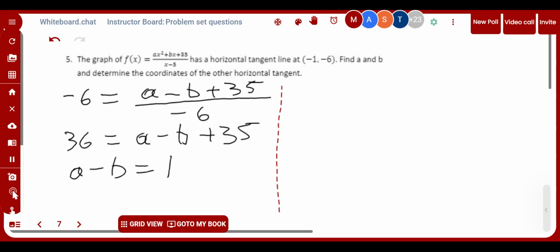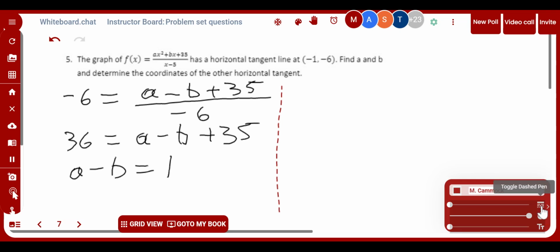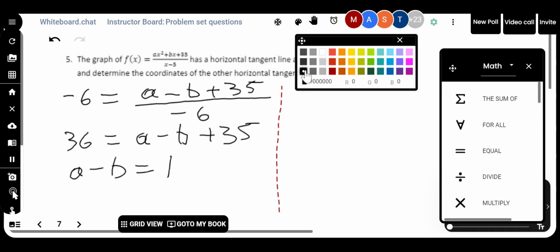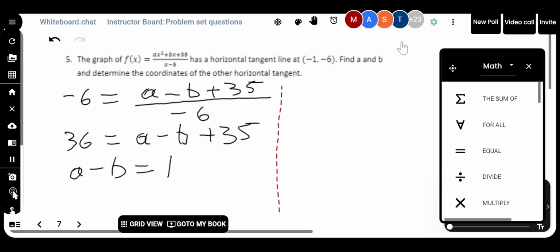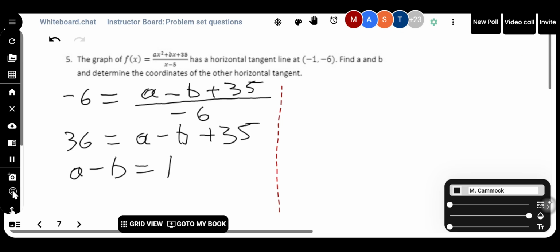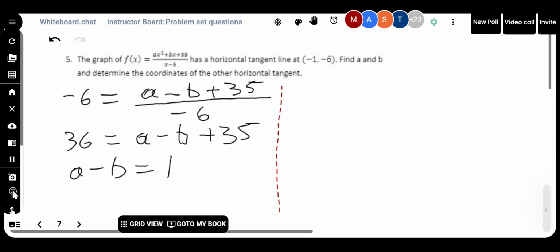I still have the dotted line here. Let me get rid of that, and let me actually go back to black as well. Okay, so we're about to find f prime of x, and that, as Sarah just said, is what we're going to set equal to 0.